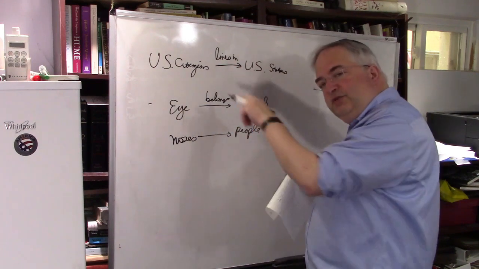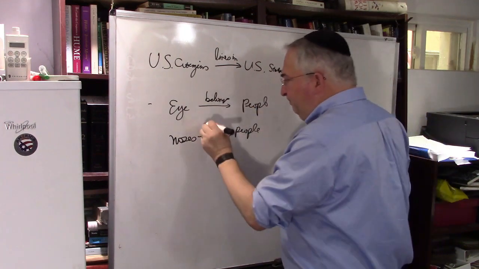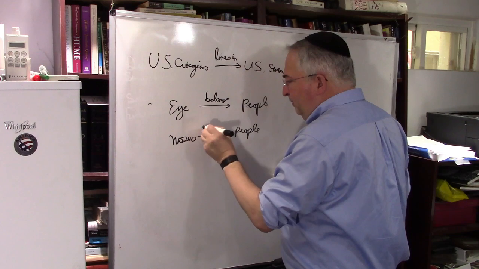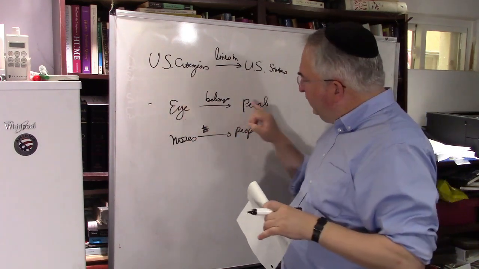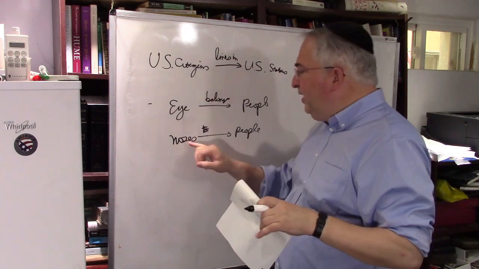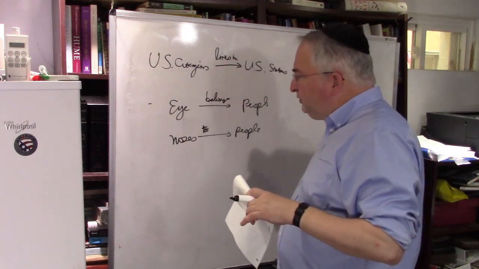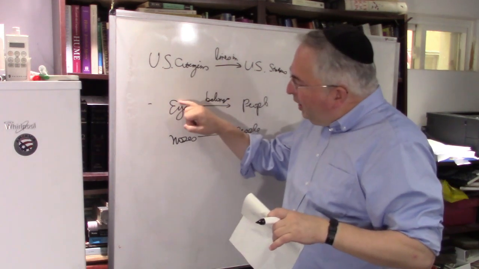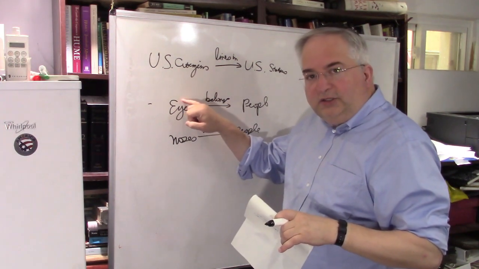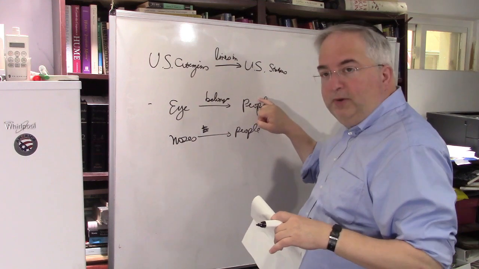But these two functions are interesting. I don't know, this doesn't have a name. These are two functions. Every eye assigns to the person that it belongs to. Every nose assigns to the person it belongs to. But we're going to see later on, these two functions are different because there are two eyes that can go to one person.